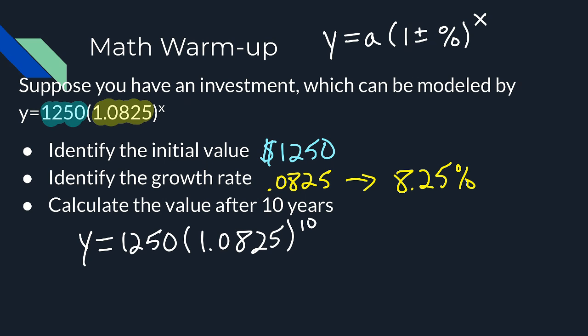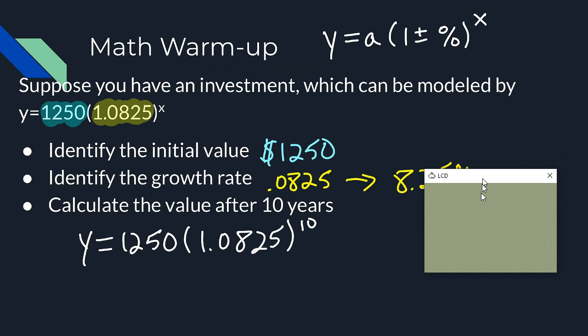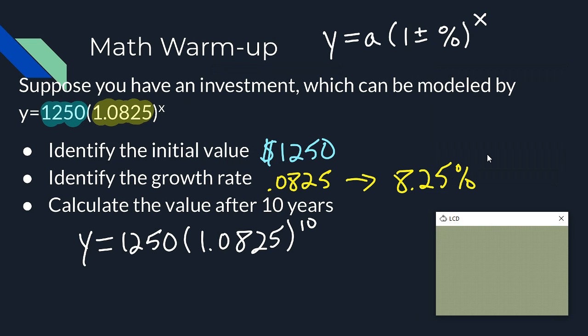I'll bring up my calculator and you guys can verify that I'm getting it right. So this is 1250 times 1.0825 to the 10th power.